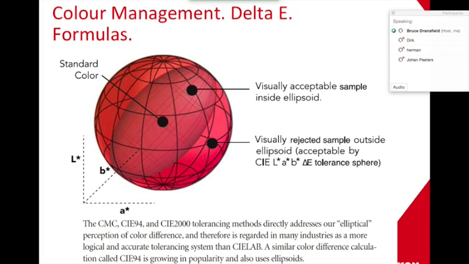And delta E 2000 works on the idea of an ellipse as opposed to a sphere, and that ellipse has a bias to the correct visual perception.